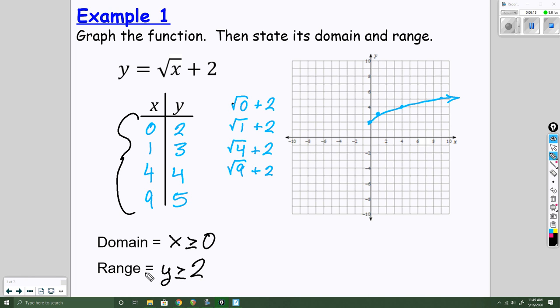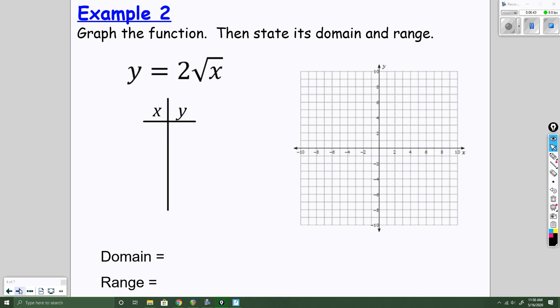At least for the range, we can see the correlation between the equation and the output values. That plus 2 directly affected the range, which makes sense because that plus 2 is happening to the overall function, which means it's affecting y, our output values. If that plus 2 is inside and part of the radicand, then it would be directly affecting the domain. Okay, so now let's move on.